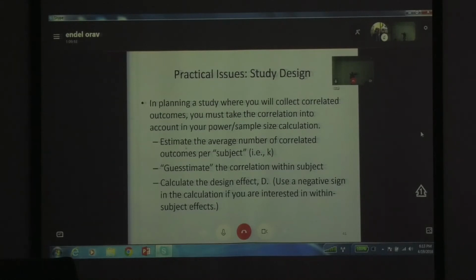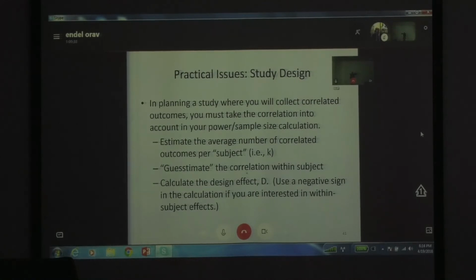So we're talking about a longitudinal study. Tell me how many measurements you plan to collect per subject. Will it be baseline and 2 follow-ups, so K is 3, baseline and 3 follow-ups, K is 4. Tell me what K is.